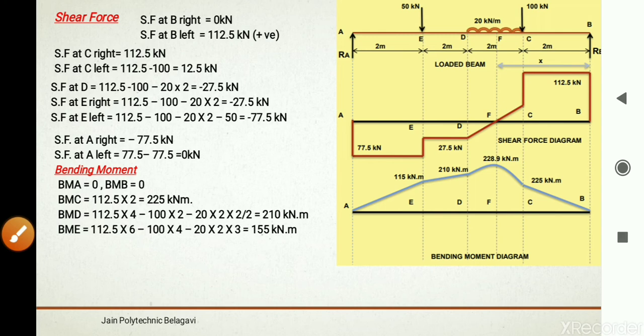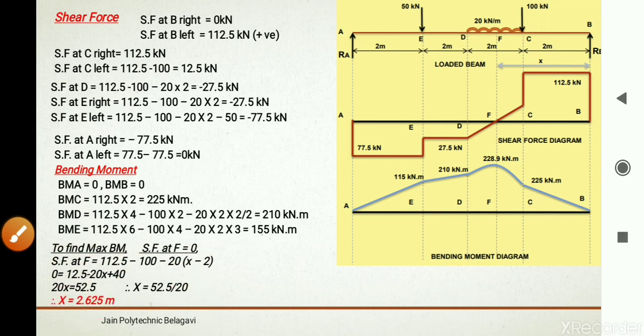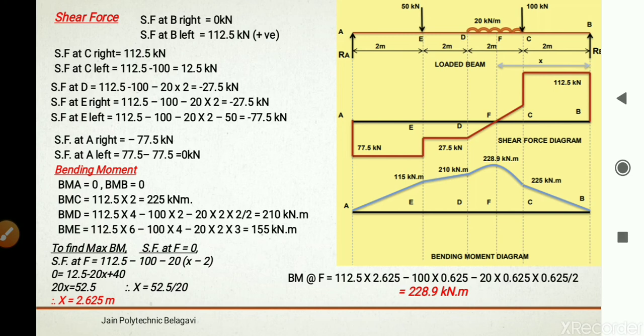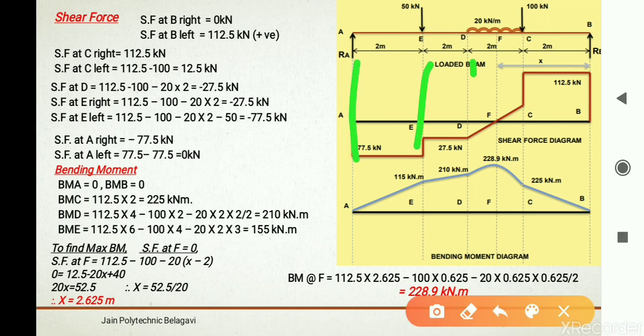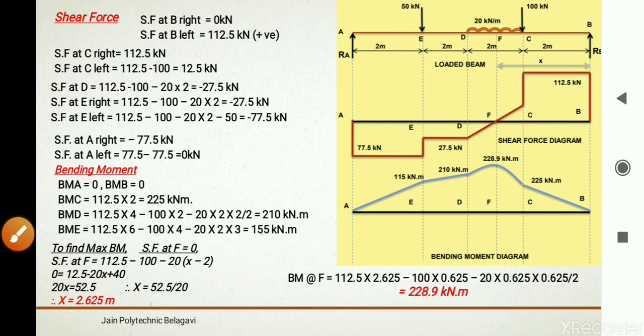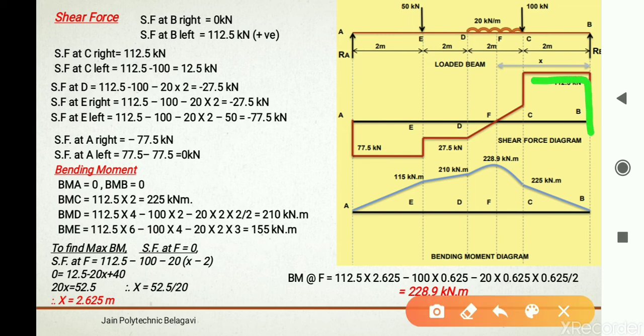So after getting all these moments, we are going to come up with the shear force diagram. Project all the lines from all the end points of the loads, and you are going to get a shear force diagram of this pattern.